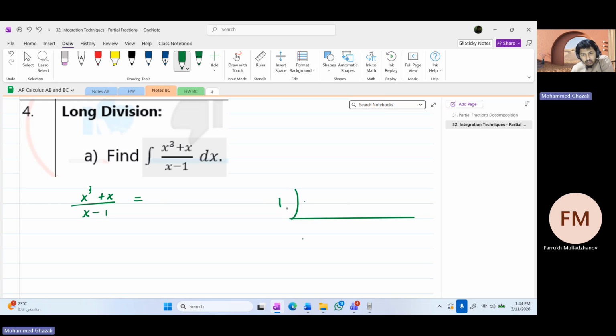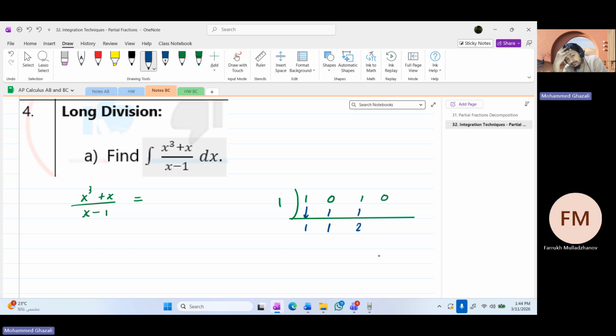You're going to put a 1 outside. And the detached coefficients are 1, 0, 1, 0. So what do we do first? We bring down the 1, multiply and add. So 1 times 1 is 1, add them up, you get 1. And then 1 times 1 is 1. You add them up, you get 2.